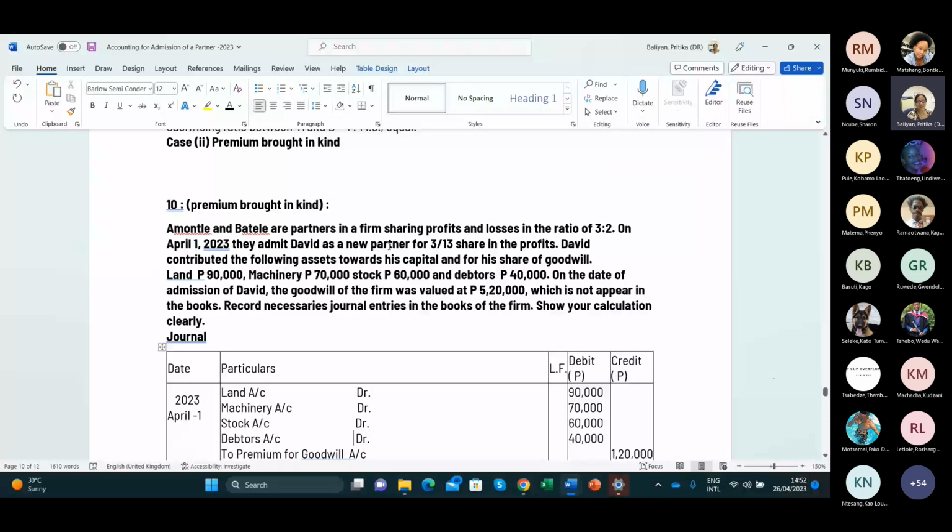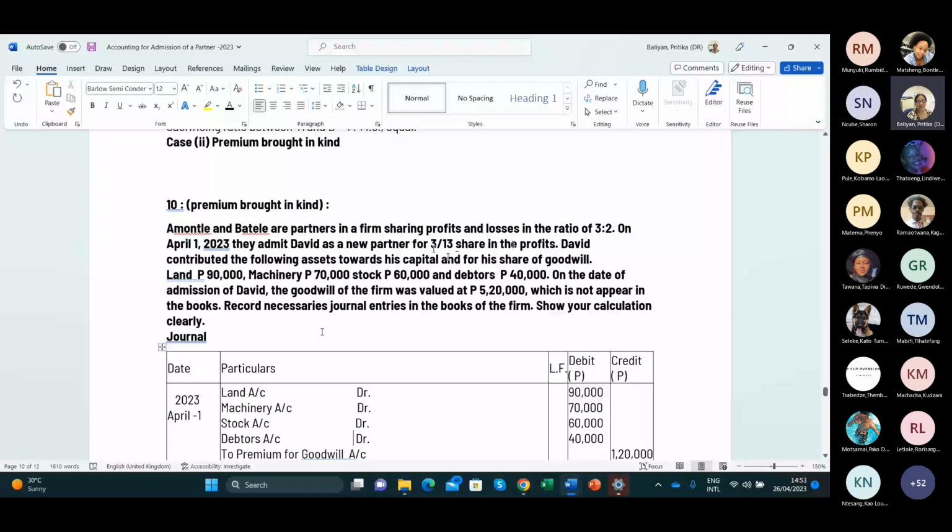David was admitted with a profit and loss sharing ratio of 3/13. According to this, we can determine the amount of goodwill. On the date of admission of David, the goodwill of the firm was valued at 520,000, which is not appearing in the books.